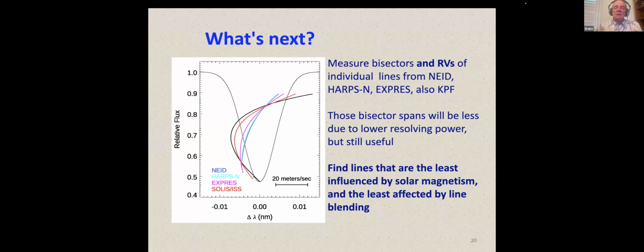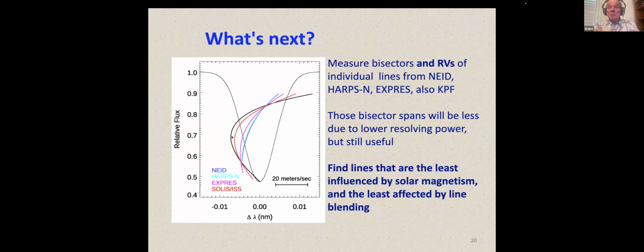If we then observe this line at a lower resolving power with SOLIS, you get the orange bisector, which is close to the infinite resolving power bisector. And then with EXPRES and HARPS-North and NEID, you get some curvature, but only about half as much as in the original bisector.